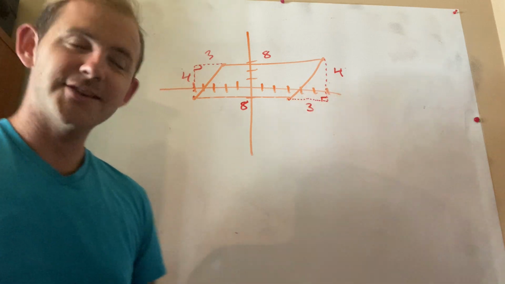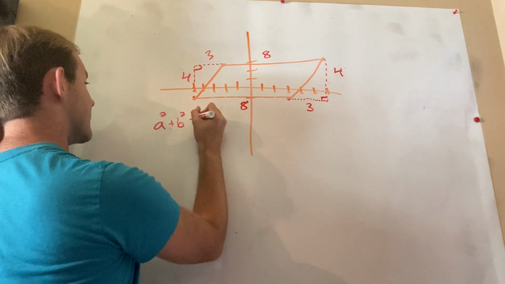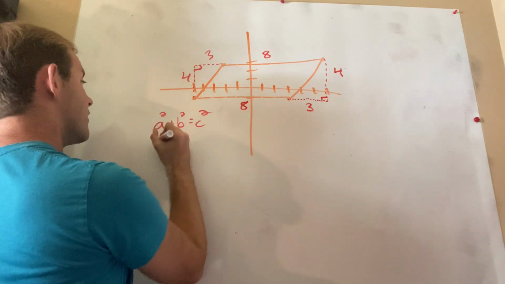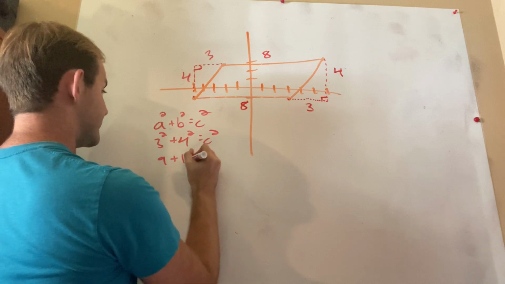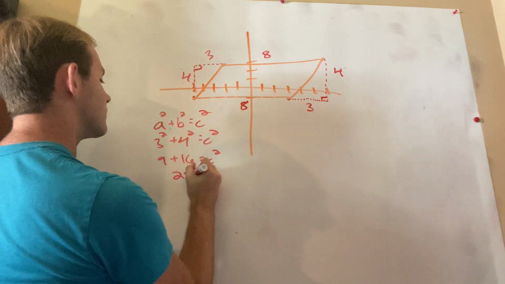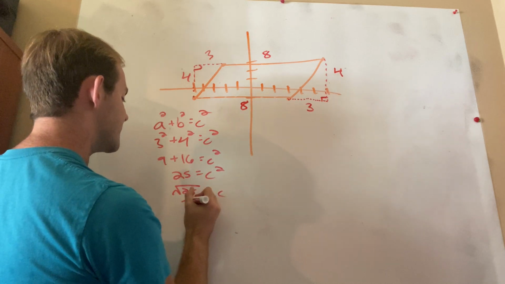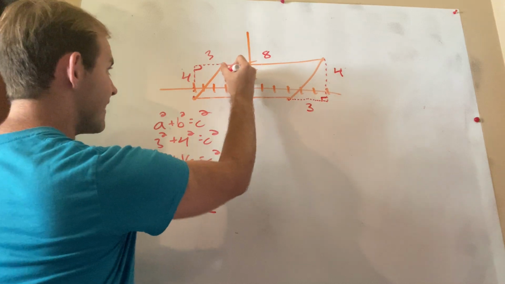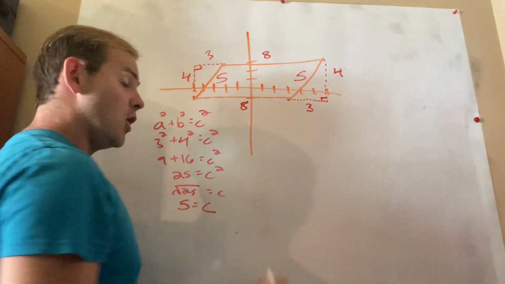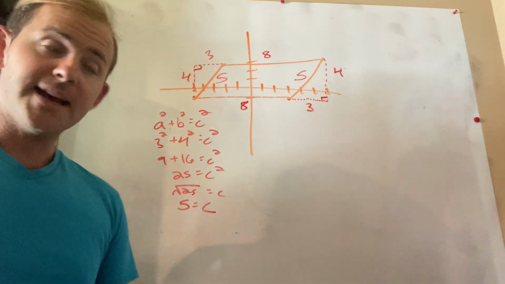Let's go. So I've got a squared plus b squared equals c squared. 3 squared plus 4 squared equals c squared. 9 plus 16 equals c squared. 25 equals c squared. Square root of 25 equals c, which means that each one of those sides is actually just 5. Okay, so if I want to find the perimeter then, all I gotta do is add up the side lengths.